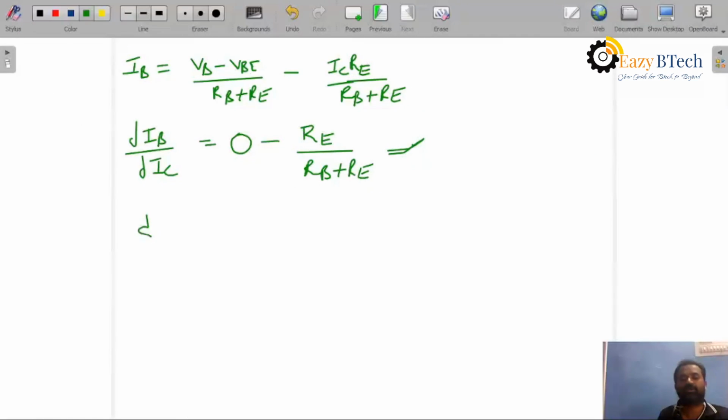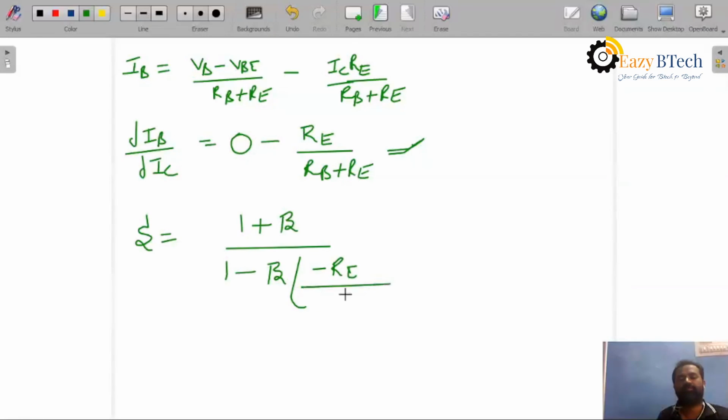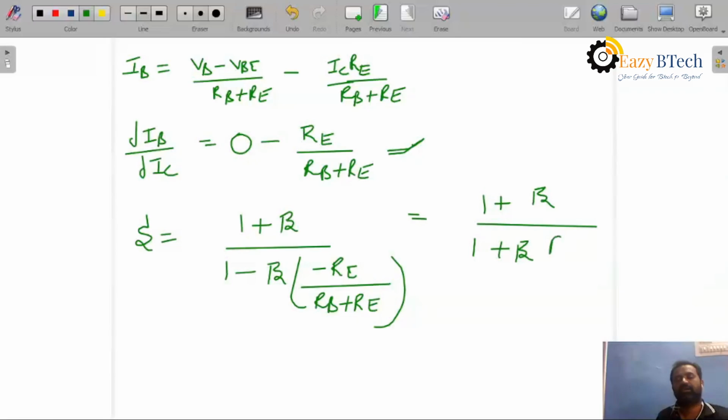By substituting, you get the stability factor 1 plus beta by 1 minus beta times minus RE by RB plus RE. Moving it over, we get the stability factor 1 plus beta by 1 plus beta RE by RB plus RE.